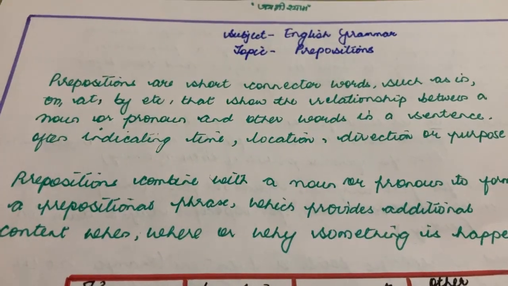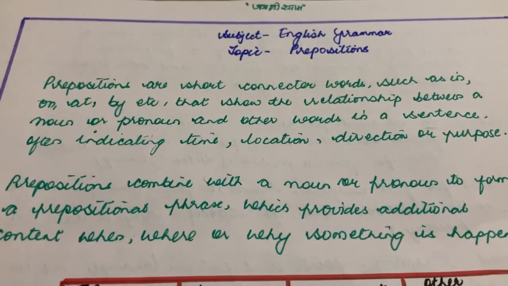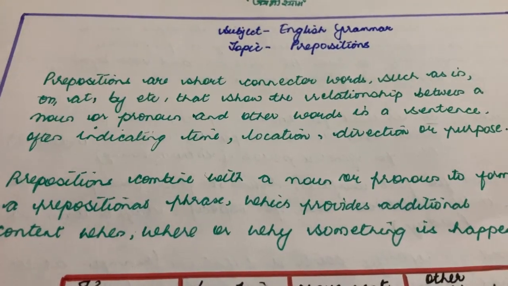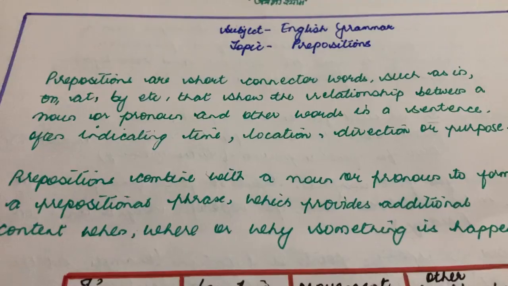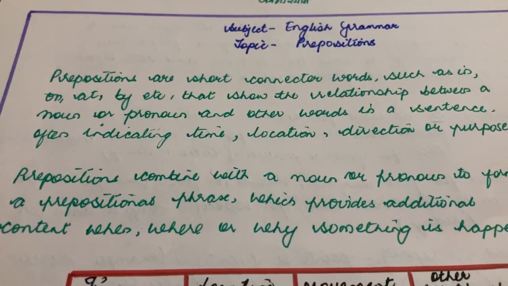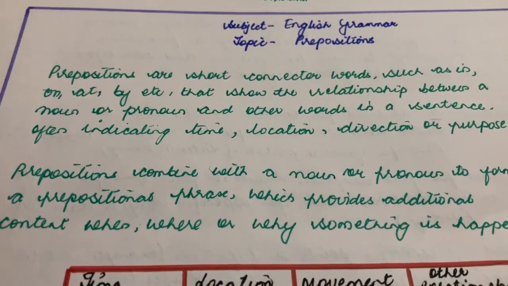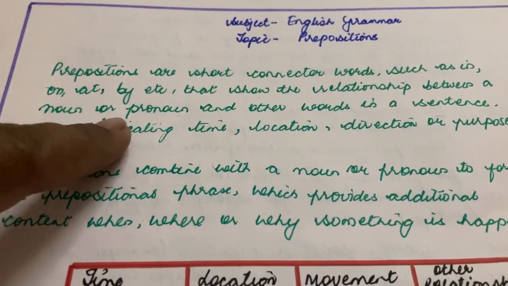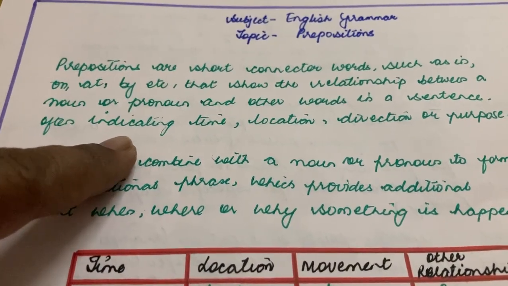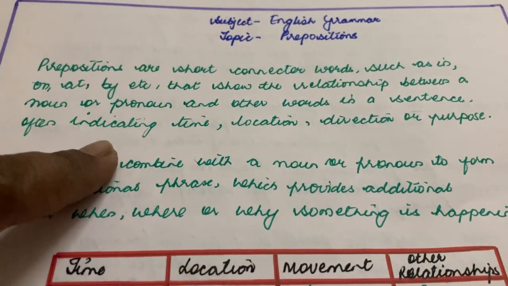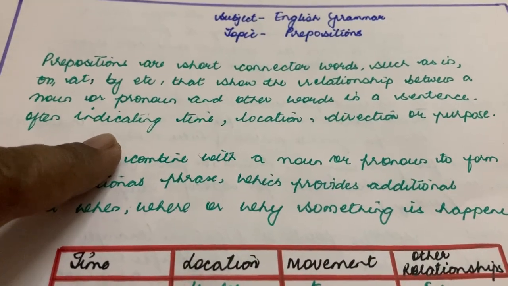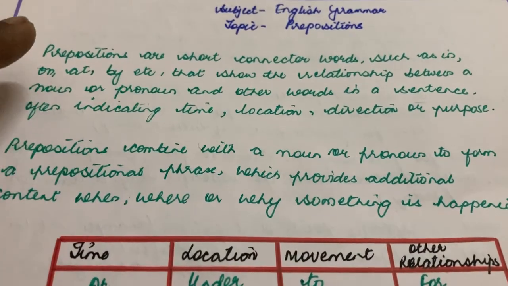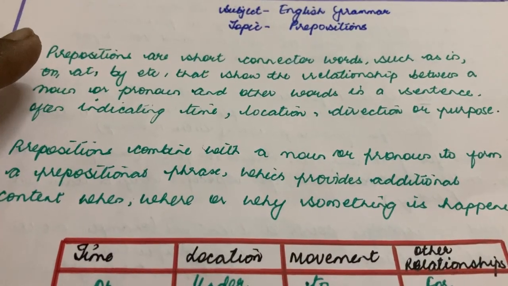So prepositions are short connector words, like on, in, at, that show the relationship between a noun or pronoun and other words in a sentence, often indicating time, location, direction or purpose.